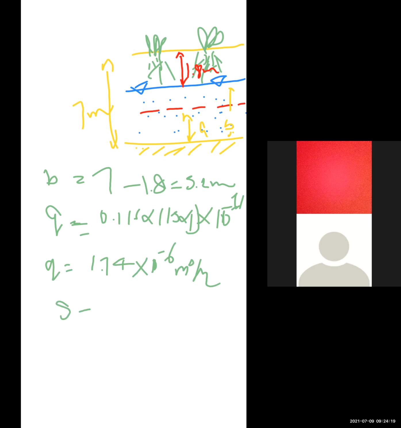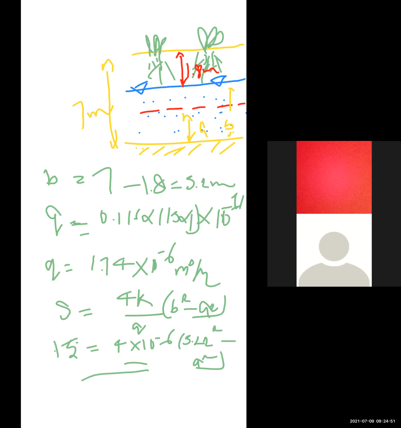Again, we can calculate, that is slope equal to 4k by 2 into B square minus A square, and also find value of A. S is given, that is 15. 4 into 10 to the power minus 6 into 5.22 square minus A square divided by 1.74 into 10 to the power minus 6.